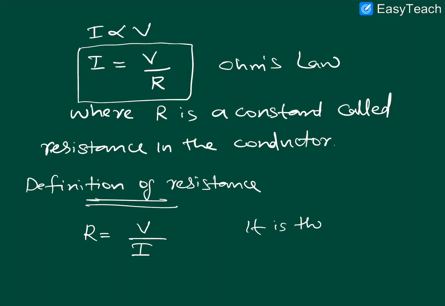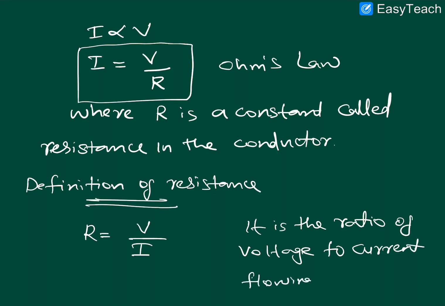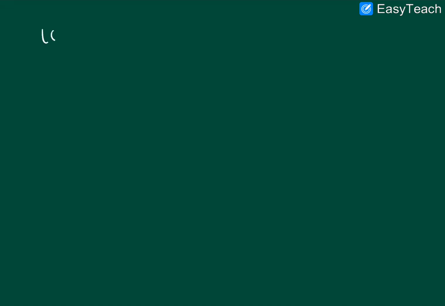It is the ratio of voltage to current flowing through a conductor. This is the definition for resistance, and it is a material property.